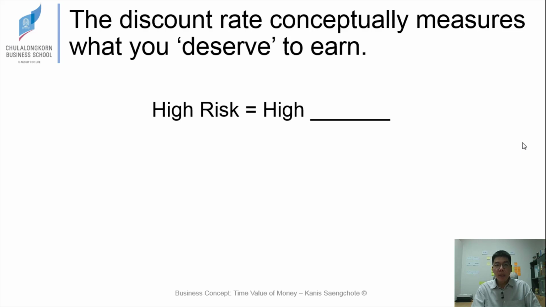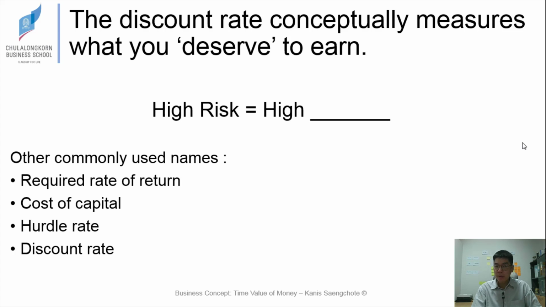You may see different names for discount rate over the course of your study. They all mean the same thing. For example, required rate of return, that's from the perspective of the investor. I'm deploying my capital, so I need to get a rate of return that's commensurate with how much risk I'm taking on. The cost of capital comes from the entrepreneur's perspective. I am raising capital from investors. They have an expectation of how much they should deliver.